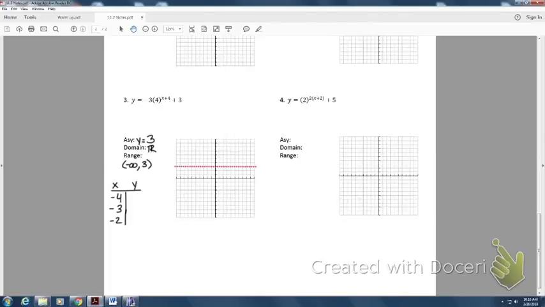I plug in negative 4, which turns all of that to what? Well, I get an exponent of 0, but it changes it all to 1. So negative 3 times 1 plus 3 equals what? 0.